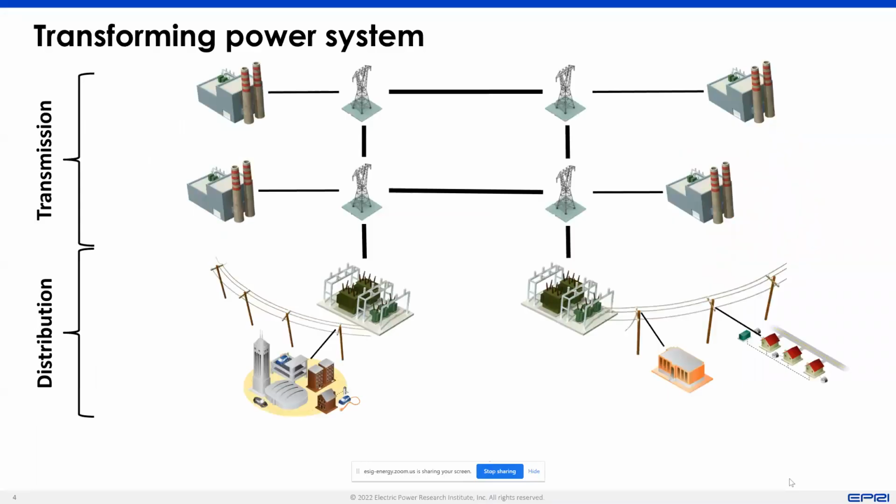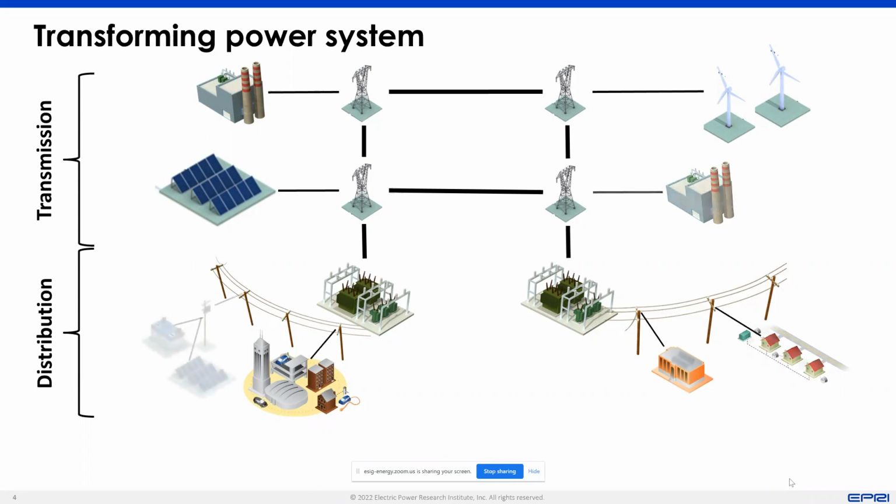I'm not going to spend too much time here because all of us here are probably aware of it, that how the power system has been transitioning, where earlier we had central station power plants and the flow of power was usually top to bottom from the generation station to the transmission down to distribution. But what has been happening is those central station power plants have been replaced by both transmission connected wind resources, transmission connected solar resources on the distribution system, both rooftop PV and maybe standalone resources as battery energy storage installations and so on.